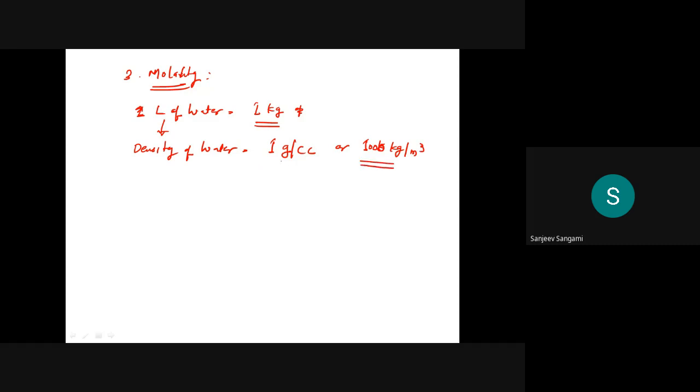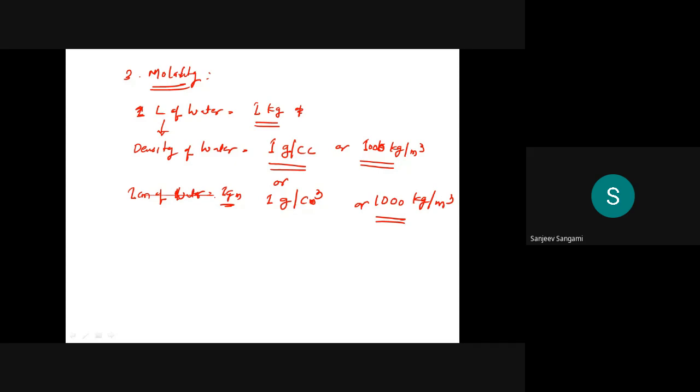So 1 cubic centimeter of water will weigh 1 gram.